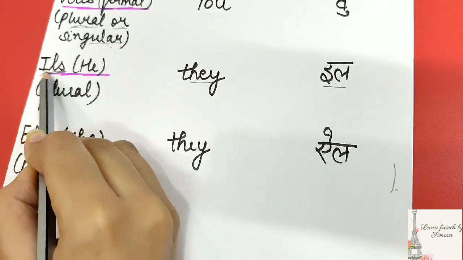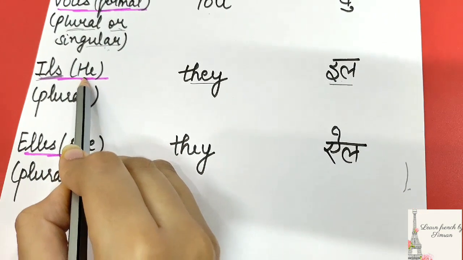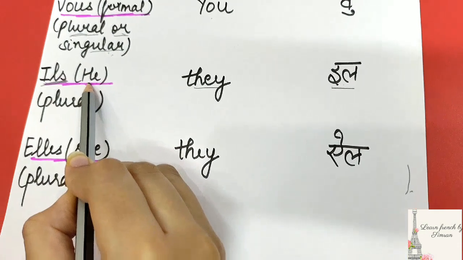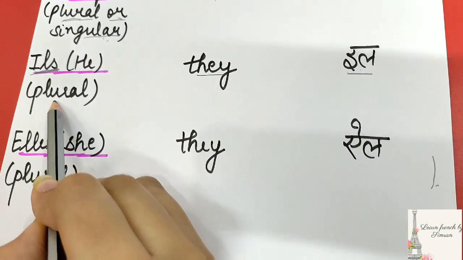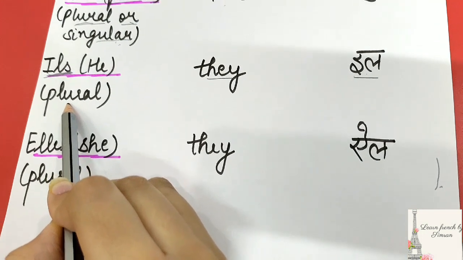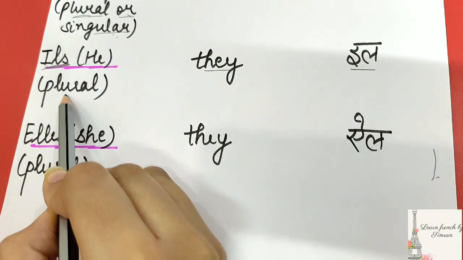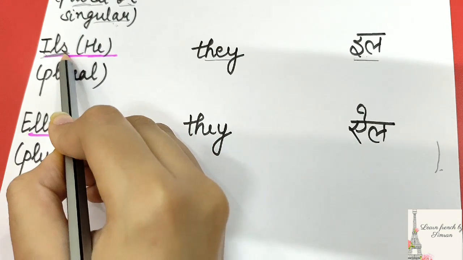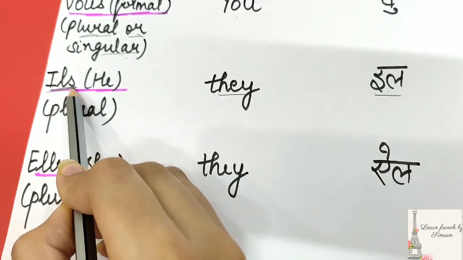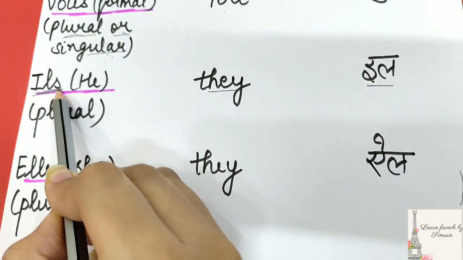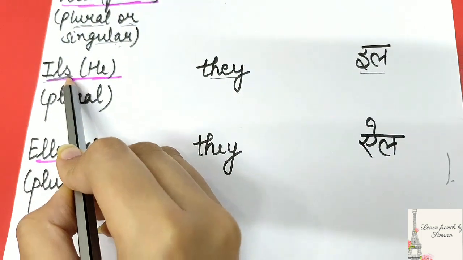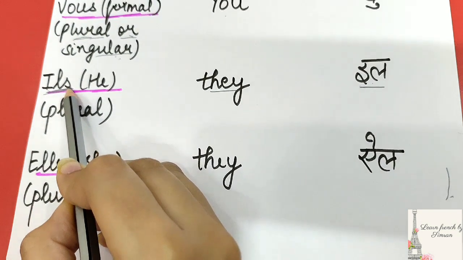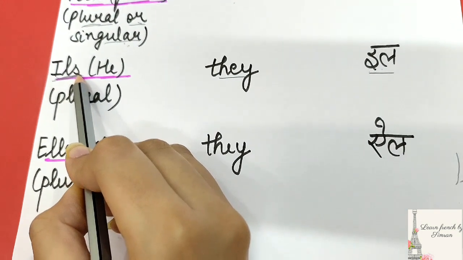Now this "ils" is used for he, means it is used for male, boys, but it is used for plural only. Means when you are talking about a group, suppose I give you an example that there is a group of 4 people and there are 2 females and 2 males in that group.